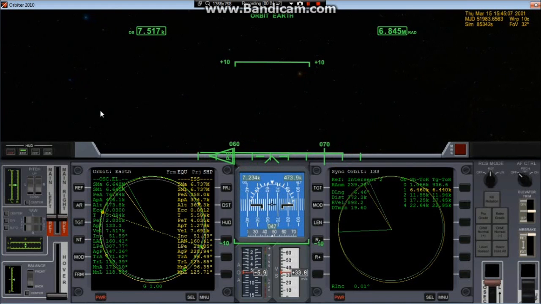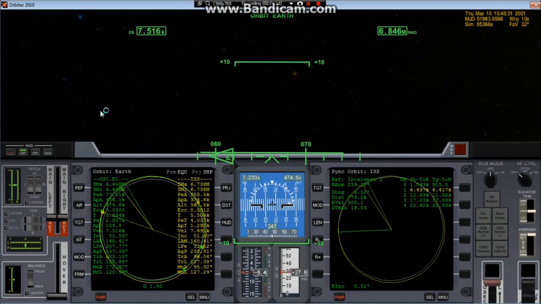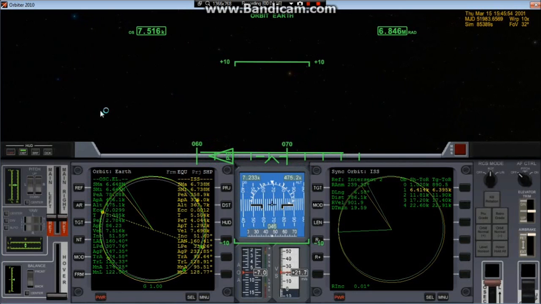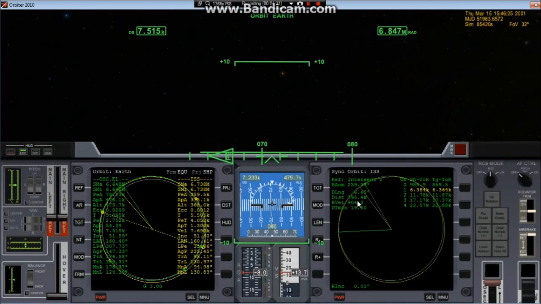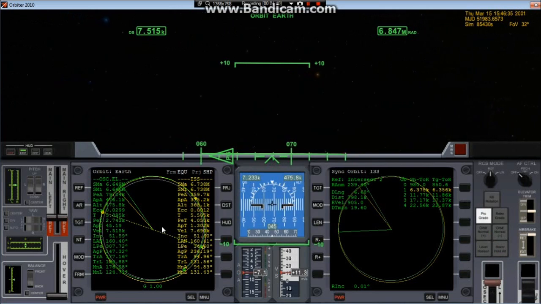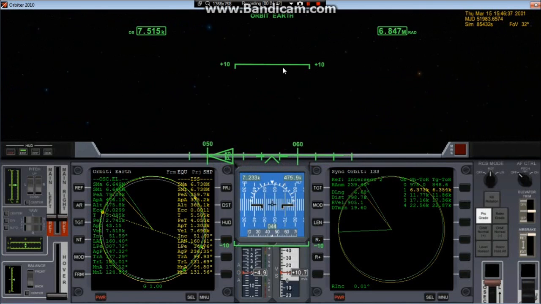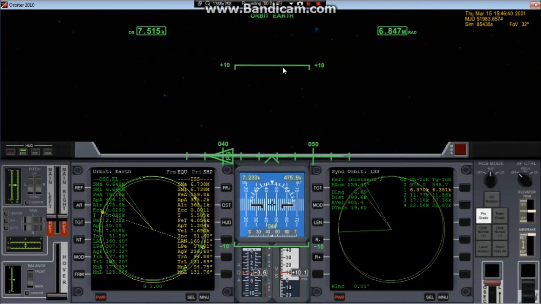Okay. 5, 4, 3, 2, 1, back to 1x. Okay, we're 795 kilometers from the International Space Station right now, which I don't think is enough to talk to it. 45 seconds now, so I'm moving back to prograde.